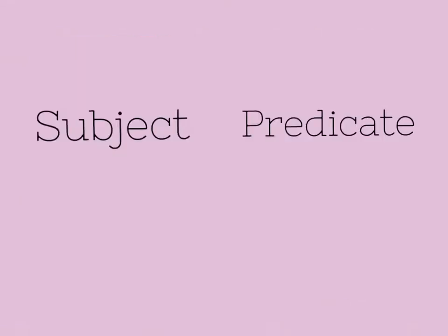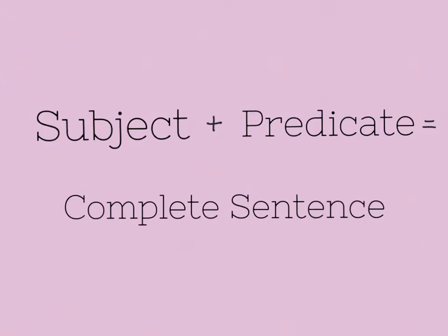To review, subject plus predicate equals a complete sentence. You can't have a complete sentence if you are missing the subject or the predicate. You need to have both for it to be a full, complete sentence.